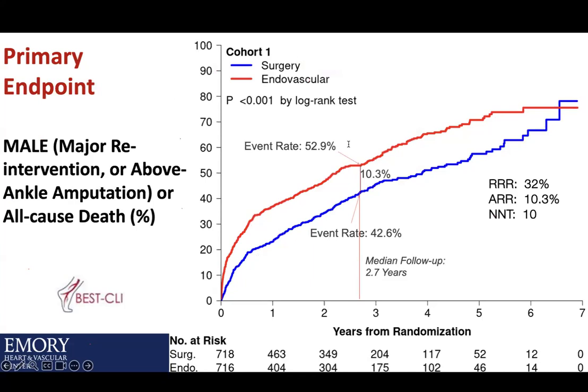They followed them for 2.5 years, and what they found is surgical bypass with great saphenous vein conduits had a lower rate of reintervention than the endovascular approach. But the amputation risk and mortality risk were similar. The prosthetic cohort had no difference to the endovascular group.